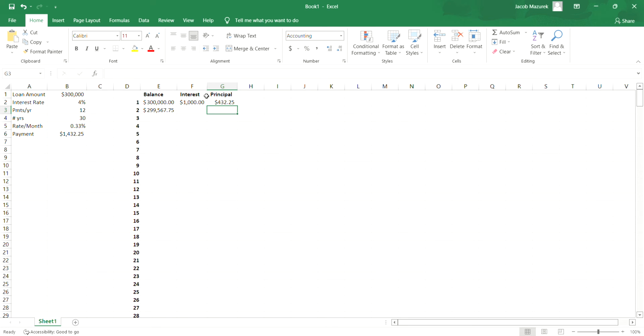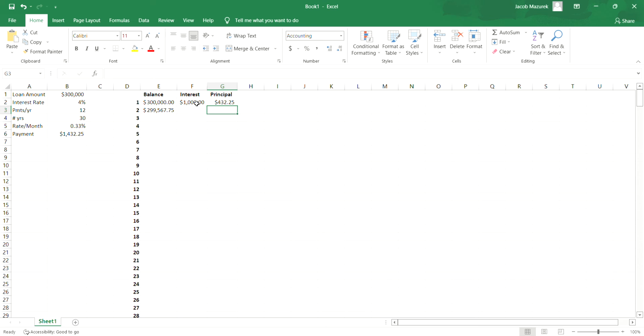One other thing to notice: the F2 is referring to the one next to it. So if I move this down, it's going to refer to here, and it really won't be looking at anything. But we want that because as we go through, every time these formulas are going to refer to this payment and only this payment, and always to this rate and only this rate.